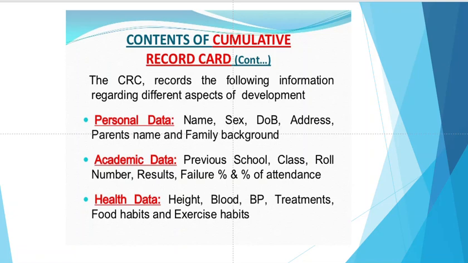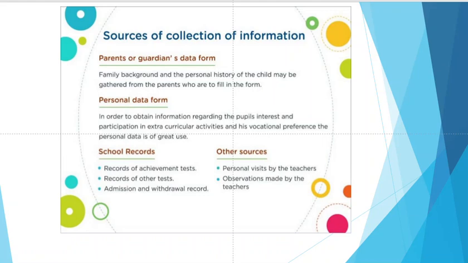Then the third one is related to the health data. It shows the height, the treatments, food habits and exercise habits of the student. So these three major types of records we just mentioned, we collect the information on the basis of this and keep it in different sections. So from which sources do we collect the information?